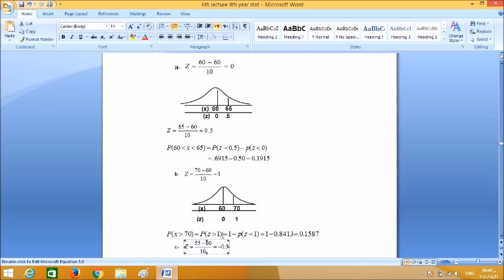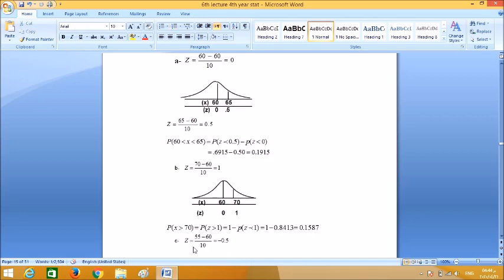So this value can be computed by the complement. Complement means 1 minus P of z less than 1. This probability is 0.15.